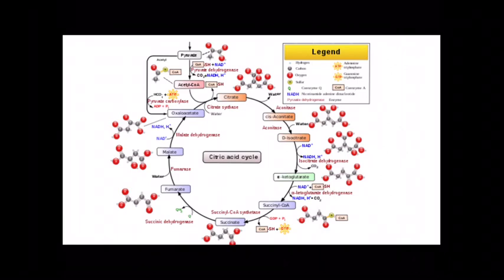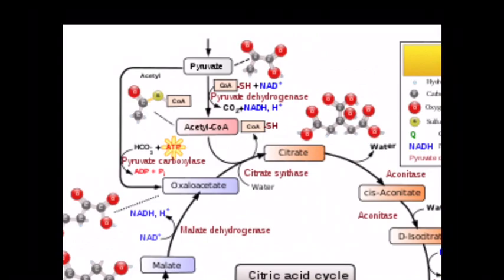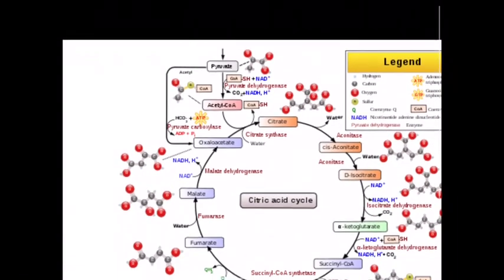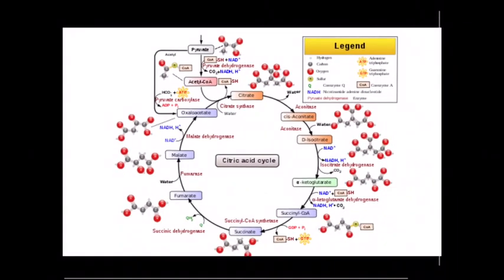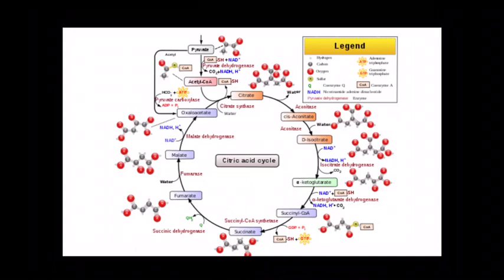Again, it is a series of redox reactions. Up on the top we have that pyruvate that we started with from glycolysis. That pyruvate goes through a reaction where it turns into acetyl-CoA.